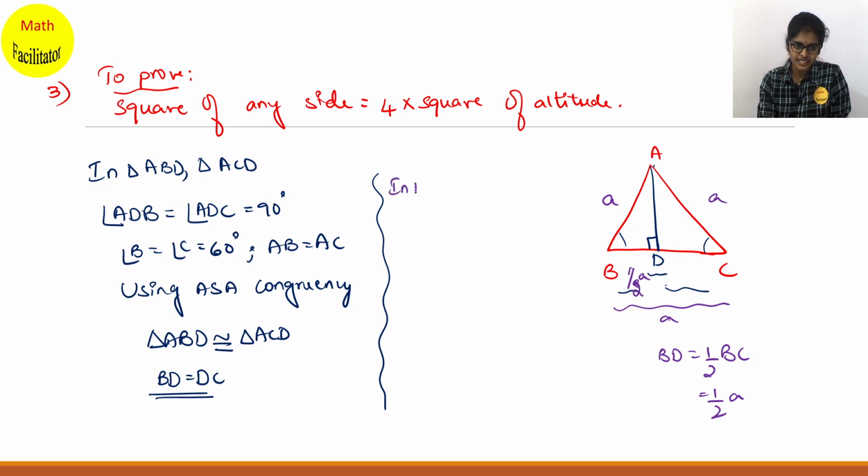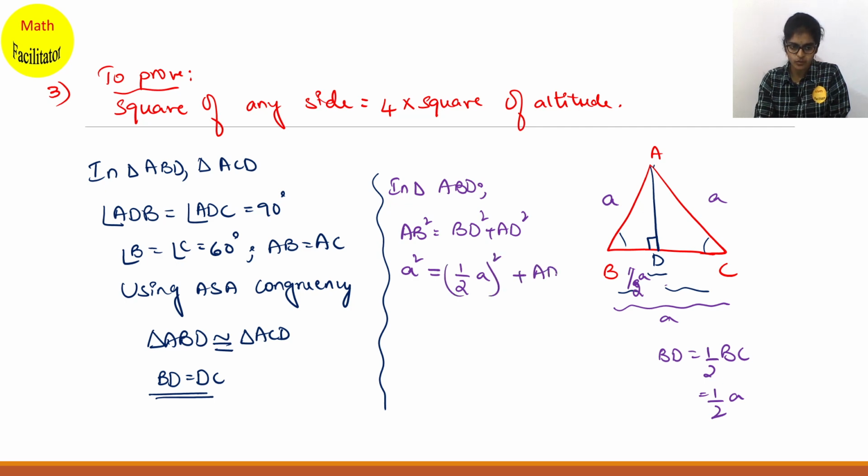Now take triangle ABD. I'm taking the right angle triangle ABD. This is the right angle, isn't it? So hypotenuse square: AB square is equal to BD square plus AD square. AB is nothing but a, so a square is equal to BD, which is half of a, squared, plus AD square.